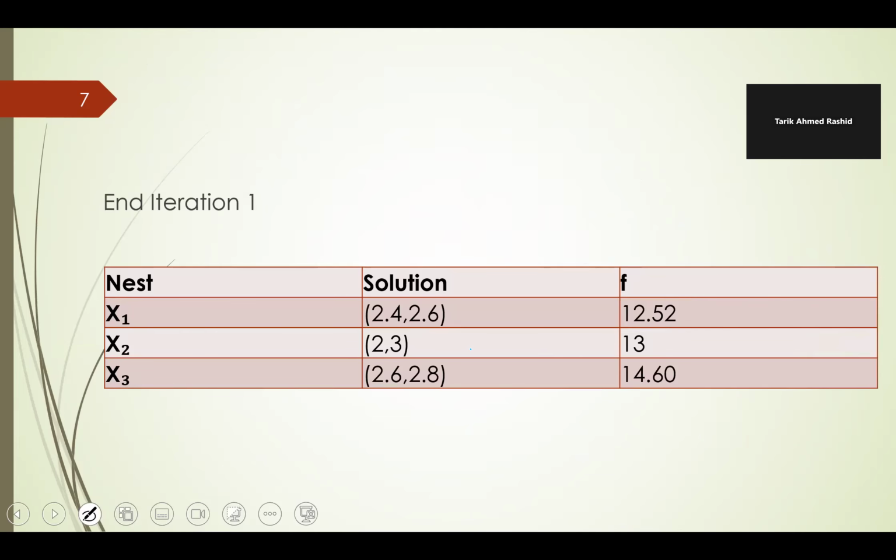Now we are at the end of the second iteration, and we just do statistics. x1 is 12.52. x2 is 13. It was the best, but now it's no longer. And x3 is 2.6, 2.8, which gives you fitness 14.6.